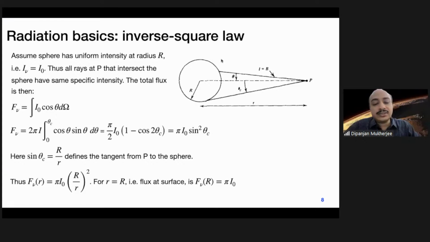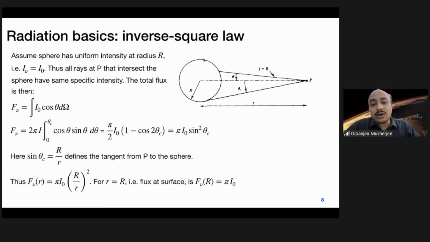Cos theta is the angle you make with respect to the area normal. Here we take the normal at point P, and we take the angle theta from this normal.